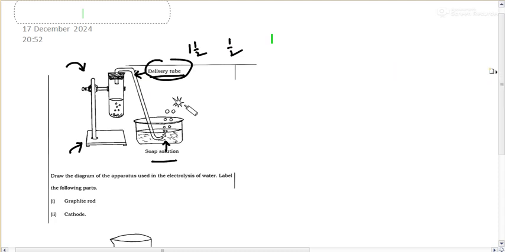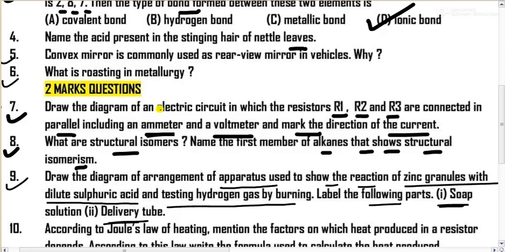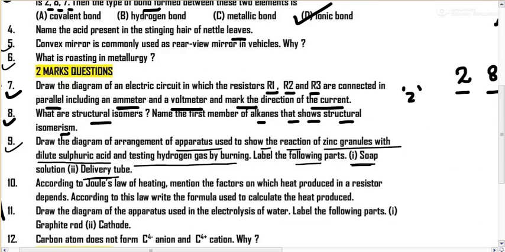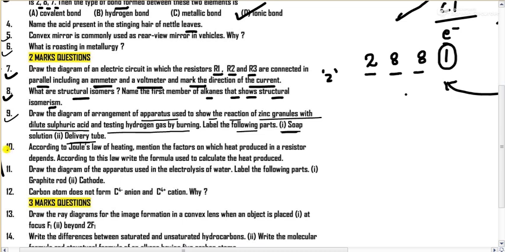Okay, fine. Coming to our next question, question number 10. The question says, according to Joule's law of heating, mention the factors on which heat produced in a resistor depends. According to this law, write the formula used to calculate the heat produced.